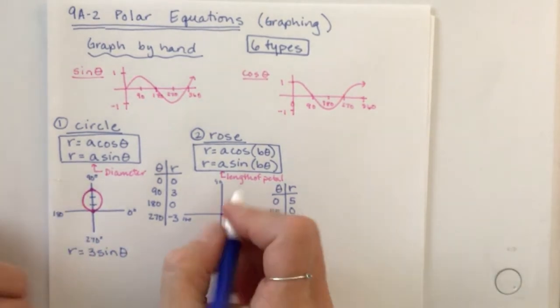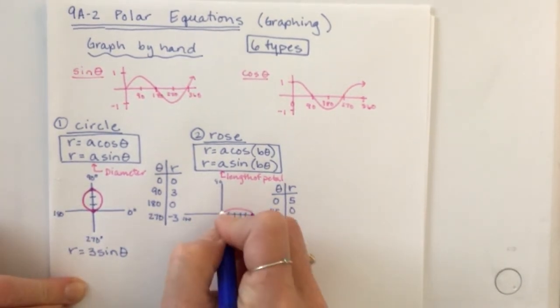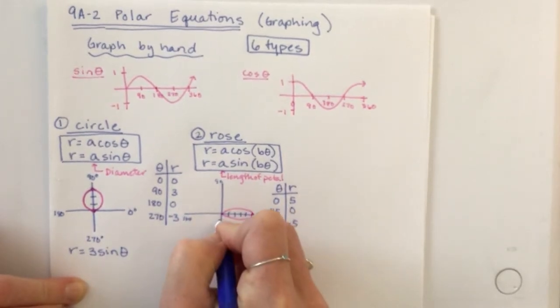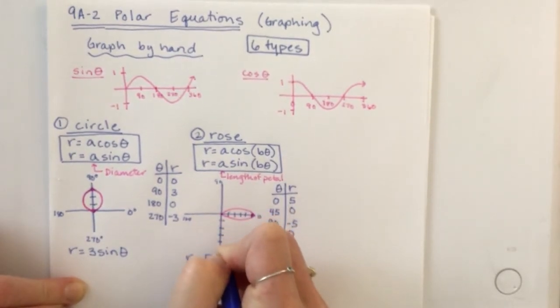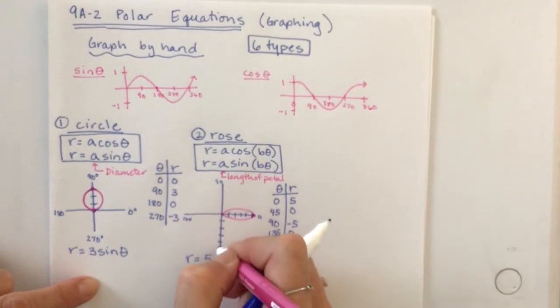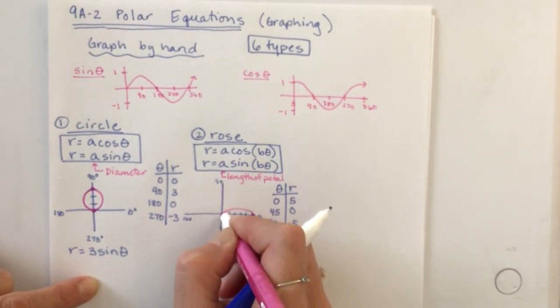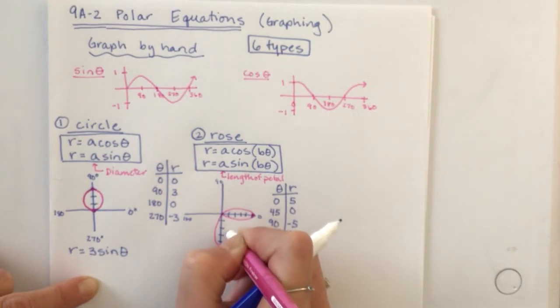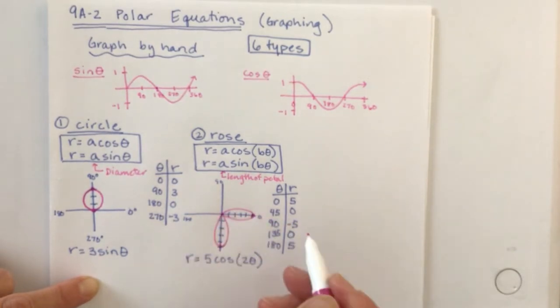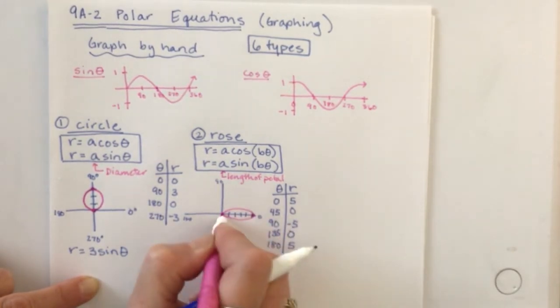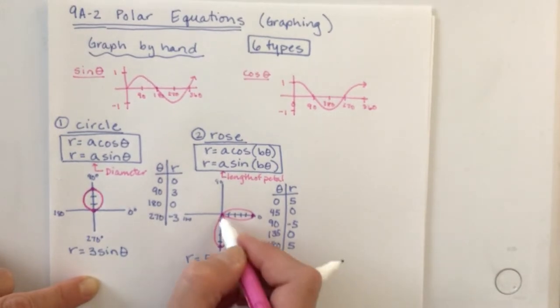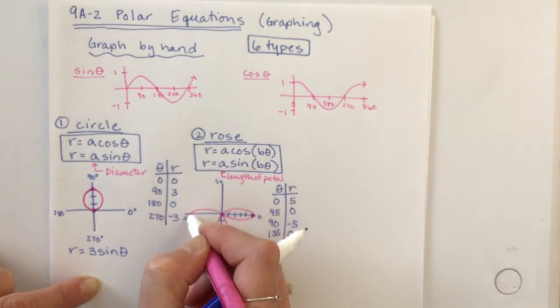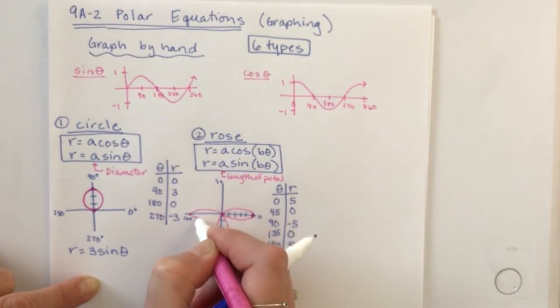Normally we would go up at 90, but we were at negative, so we're going to go down, down at 5, and then we come back. 135, we're back at 0, and then at 180, we're at 5, and we just keep going.